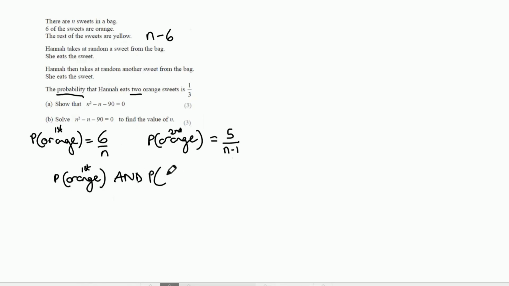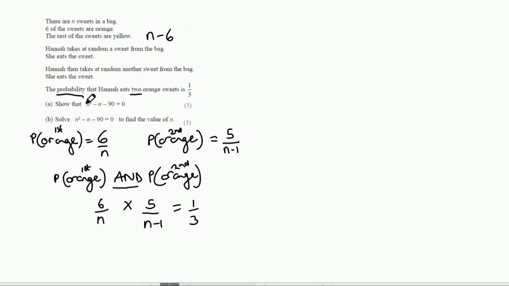And this is following the and rule because we're working out the probability that the first sweet is orange and that the second sweet is orange. And means to multiply in probability. So we're going to multiply our 6 over n with our 5 over n minus 1. And we have a numerical answer for that. It's a third. So we put that equal to a third.